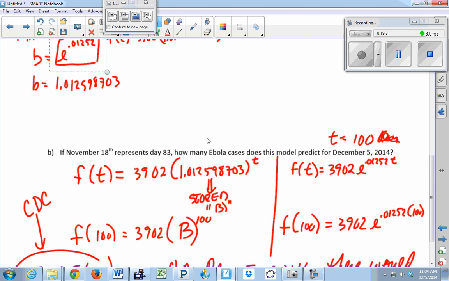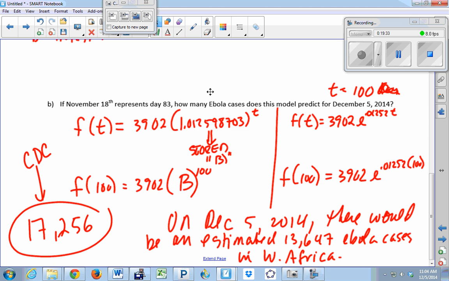So that's how you can use exponential growth models. And again, you have the flexibility of using your traditional exponential model with a base that is a number greater than 0, or you can use your continuous growth rate with your base of E. Any questions on this before we move along?